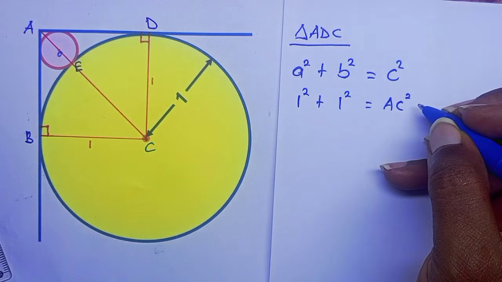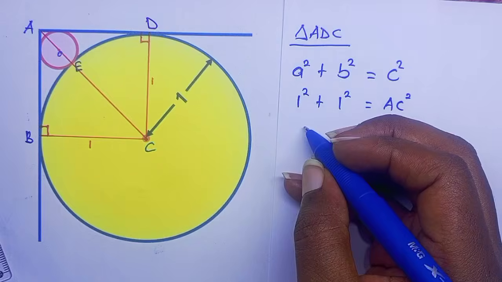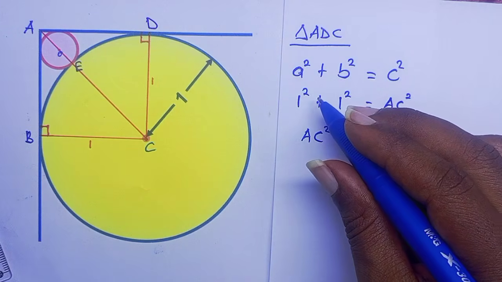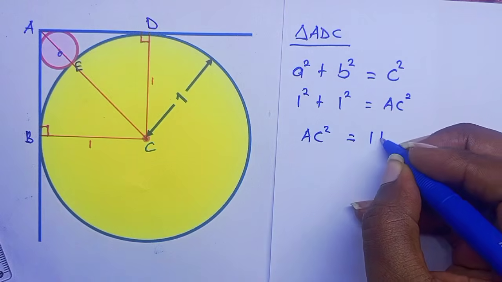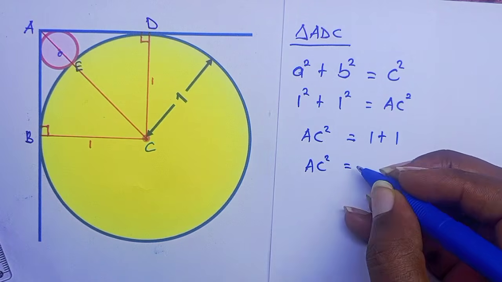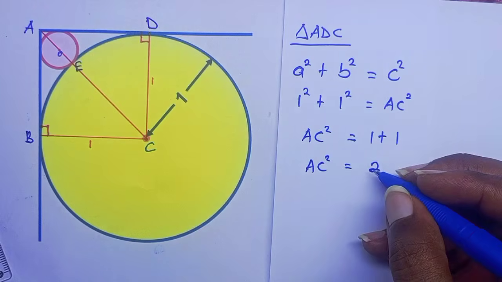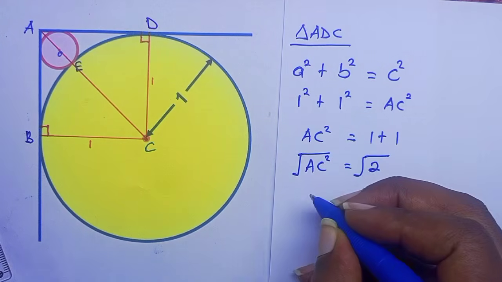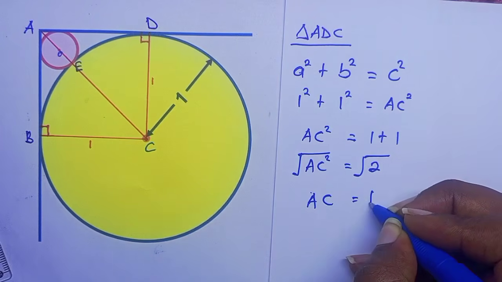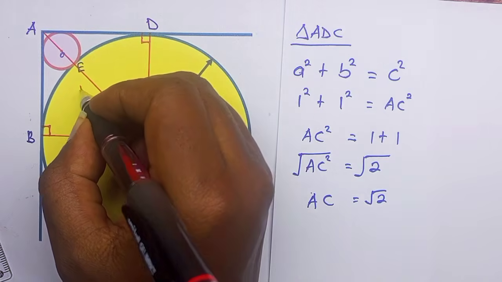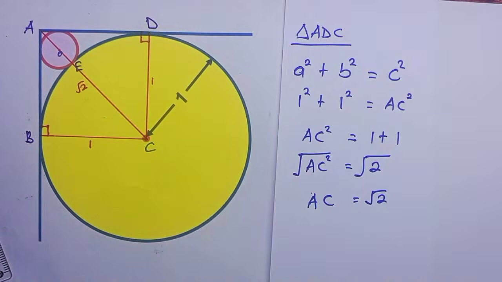So AC squared will be equal to 1 squared, which is 1, plus 1 squared, which is also 1. So AC squared is equal to 2. To find AC, we have to find the square root on both sides. And so AC is root 2.